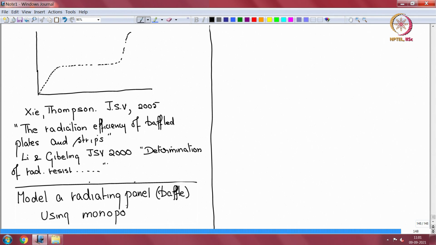What do we mean by that? What we mean is that there is this panel, let me say it's currently vibrating.